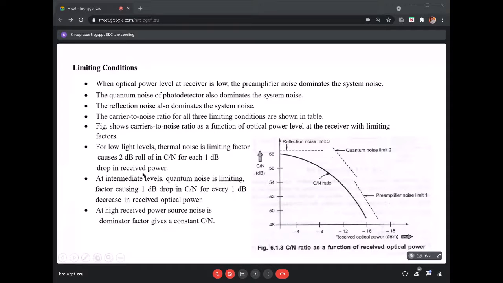Later, as the light level increases, at the intermediate level, quantum noise is limiting, where there is a 1 dB drop in carrier to noise for every 1 dB decrease in received optical power. At high received power, source noise is the dominating factor and the carrier to noise ratio will be constant.